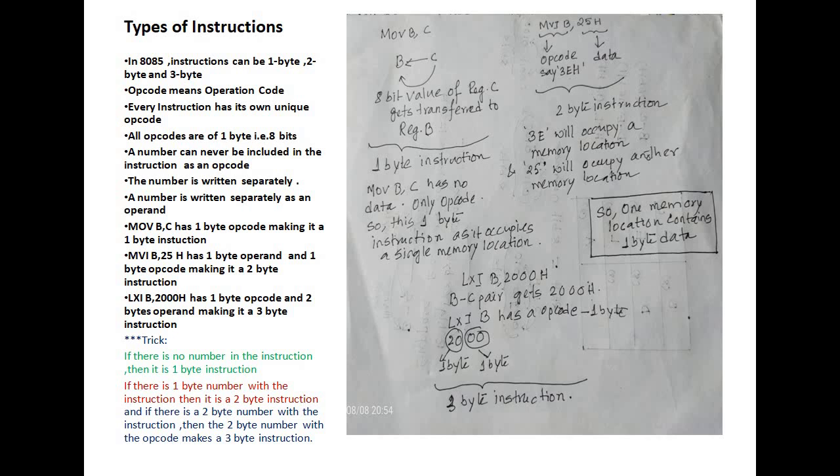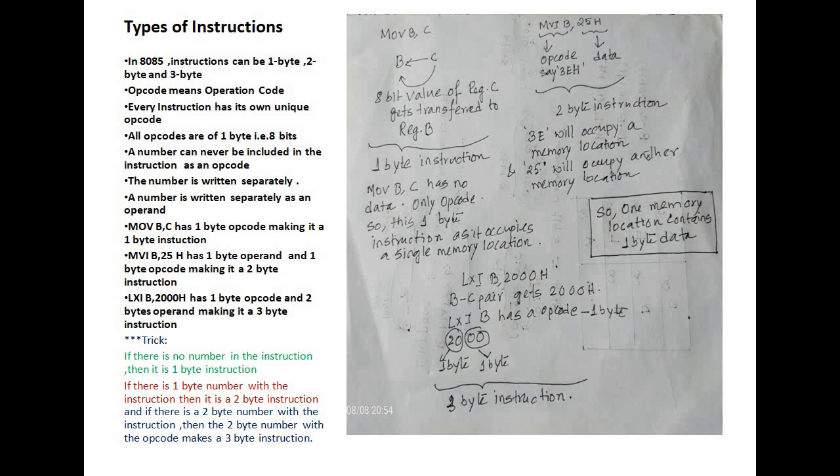This binary equivalent of the instruction is called the opcode. Opcode means operation code. Every instruction has its own unique opcode. Very clear?